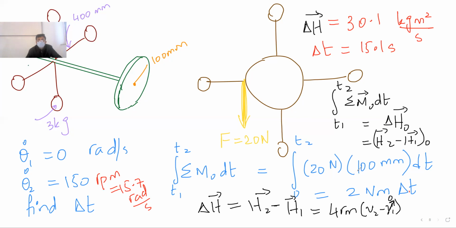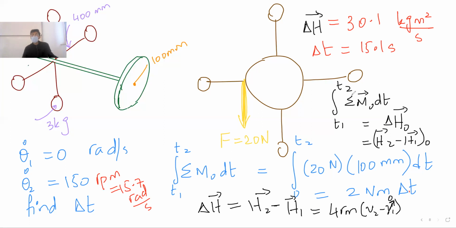So now I have delta H that I got, and integral summation of moment dt equal to this fellow. For my left hand side, I have 20 multiplied by 100 millimeter gives me the moment. Integral over the dt 0 to t2. So t2 minus 0 will give me delta t, and this chunk is 2 Newton meter delta t.